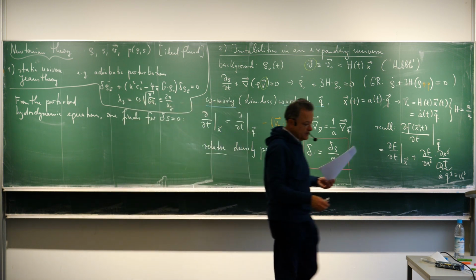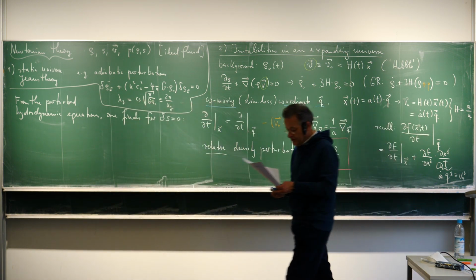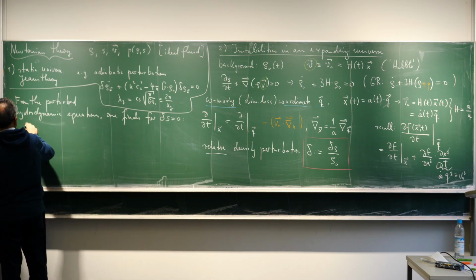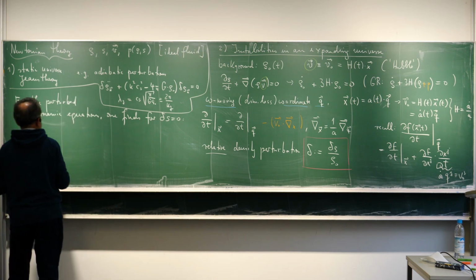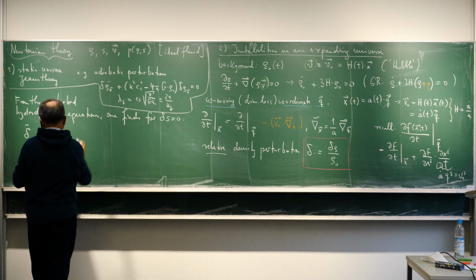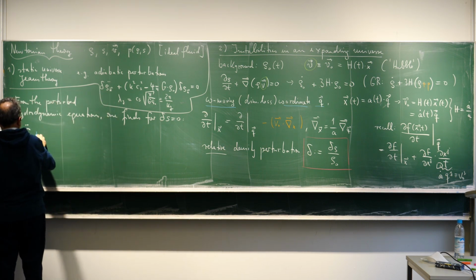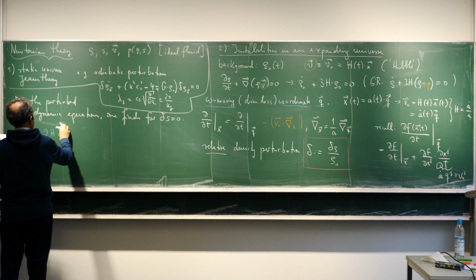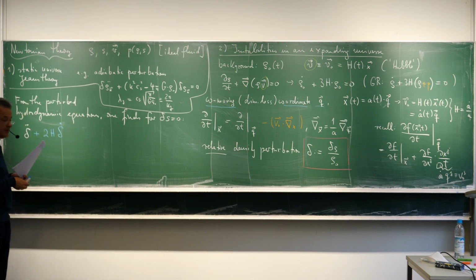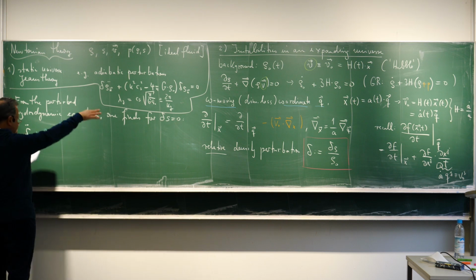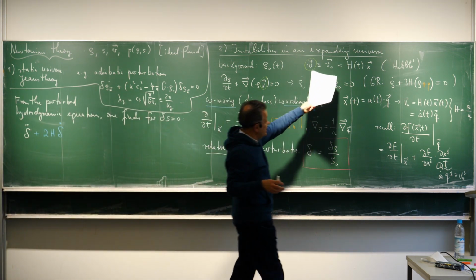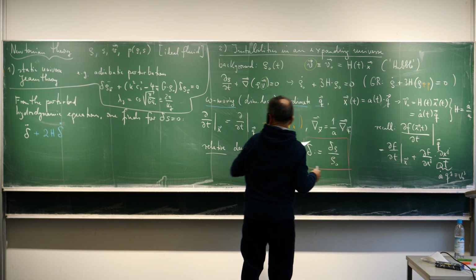So we find an equation that is very similar to the original case of the static universe, but here we get a term 2h delta dot. It's a kind of friction term with the first derivative, which comes from this rewriting and brings the Hubble parameter into play.